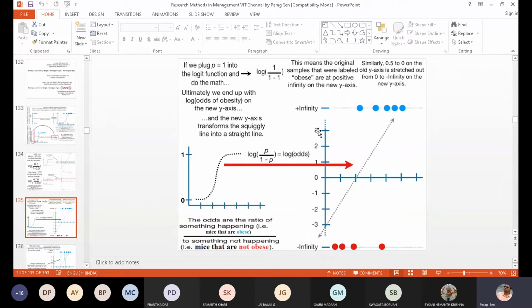And the new y-axis transforms the squeezed S curve into a straight line. Why are we doing this? We are doing this so that the curvature of the S curve can be transformed into a straight line.